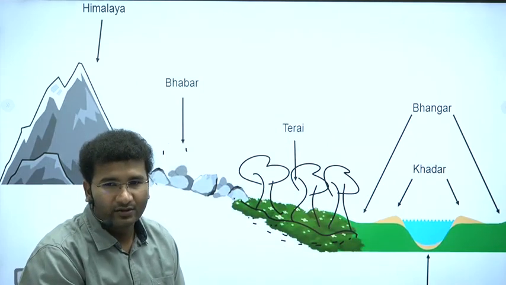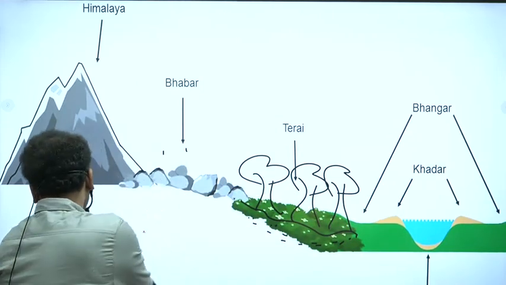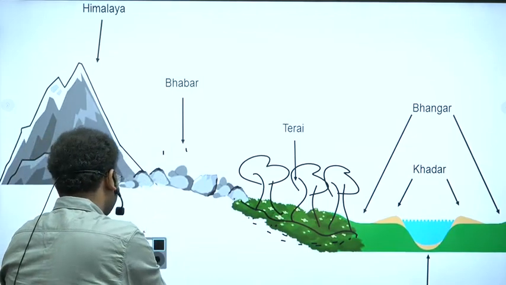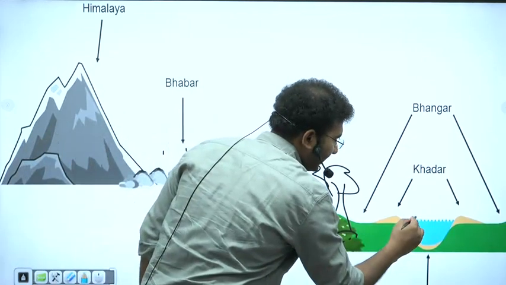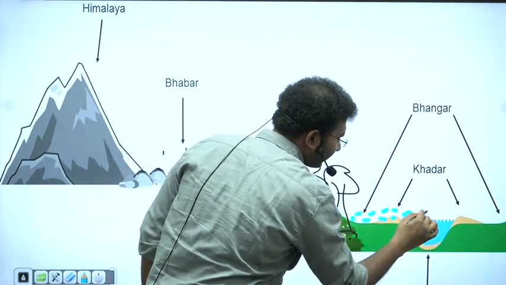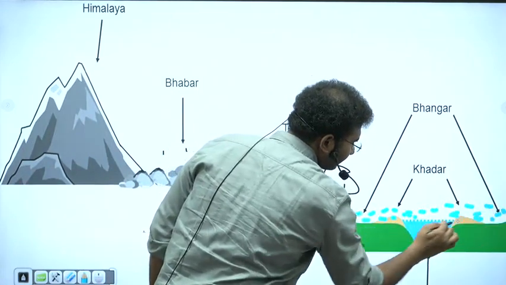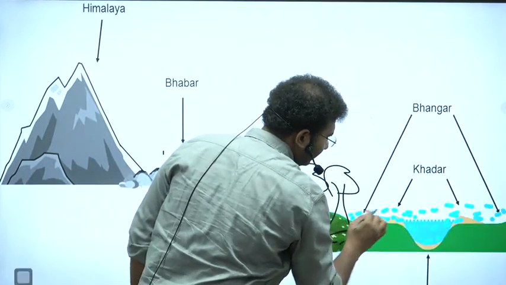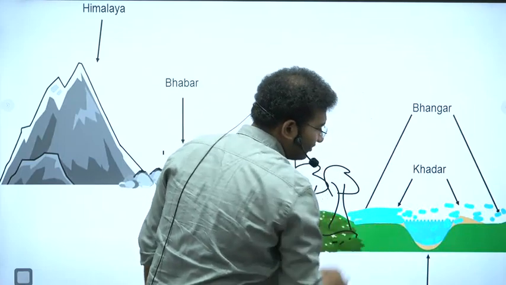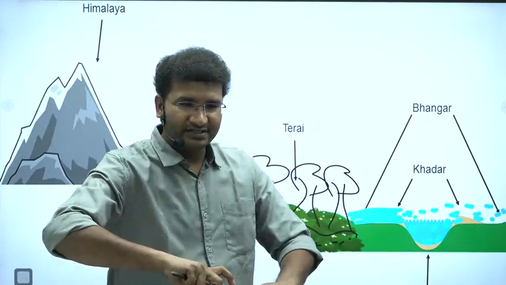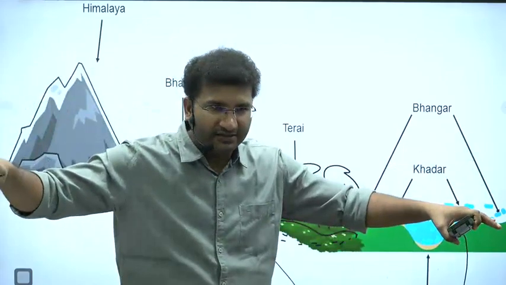Okay. So suppose this is the valley of the river, and imagine next year there was flooding. If there is flooding, the river will start to deposit its sediments above the floodplains.